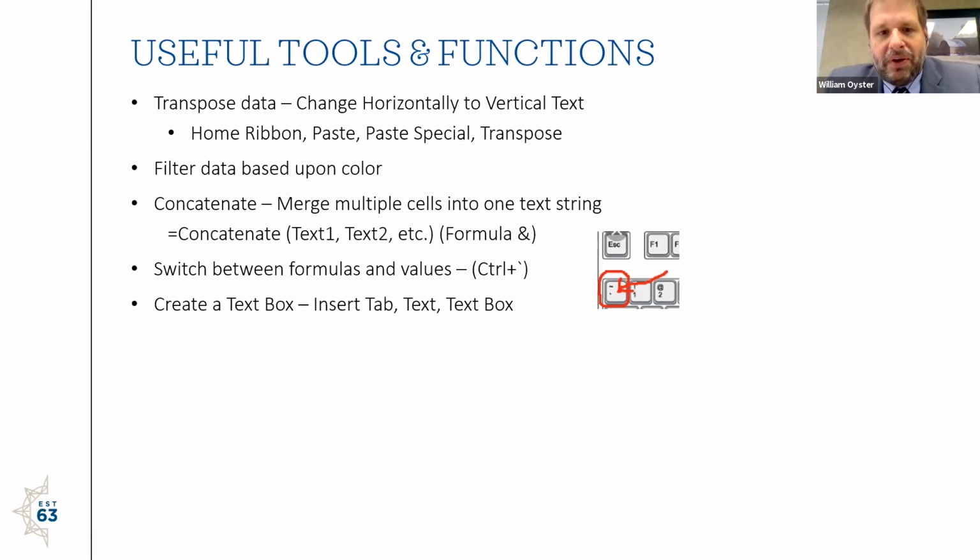So for example, if you're doing a mail merge in Excel, and you have the first name, middle initial, and last name all in different columns, and you want to put that data all together in one cell for your mail merge, you can use this concatenate function, and the formula is just right here. And for each text 1, text 2, you can link to a cell within your workbook.